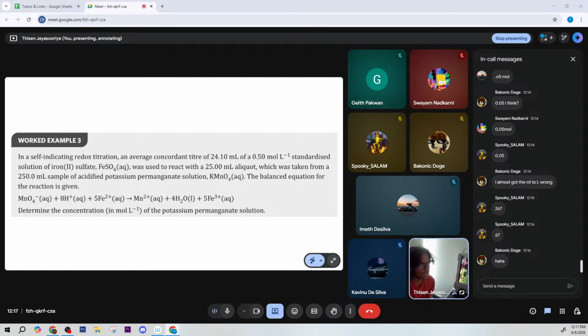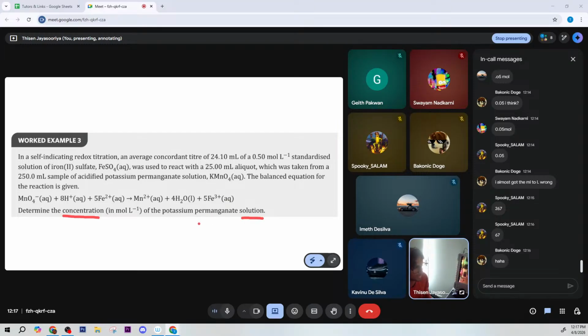An average concordant titre of 24.1 mL of 0.5 molar standardized solution of iron sulfate was used to react with a 25 milliliter aliquot, which was taken from a 250 milliliter sample of acidified potassium permanganate. The balanced equation for the reaction is this. Determine the concentration of the potassium permanganate solution. So of the whole solution.